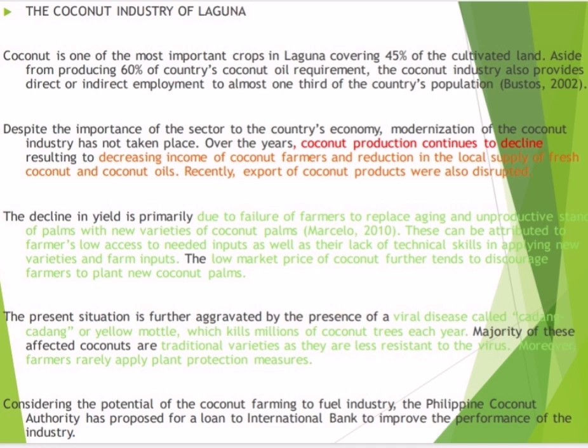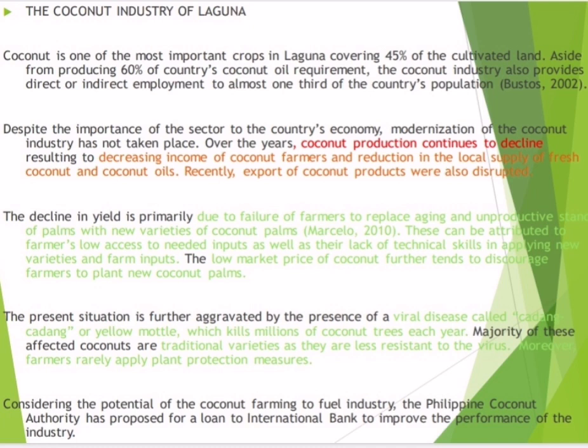The present situation is further aggravated by the presence of a viral disease called kadang or yellow mottle, which kills millions of coconut trees each year. The majority of these affected coconuts are traditional varieties, as they are less resistant to the virus.